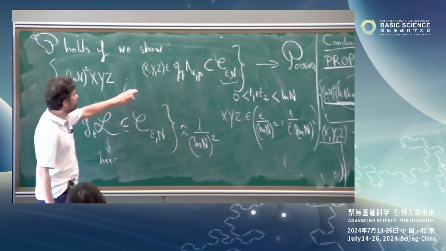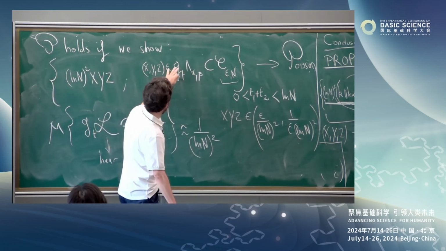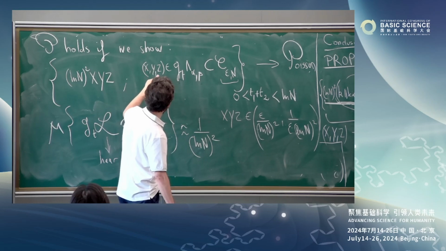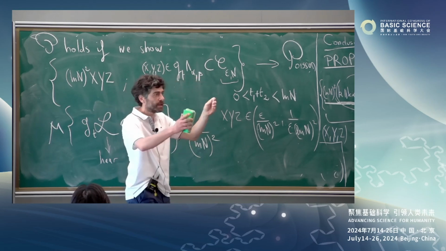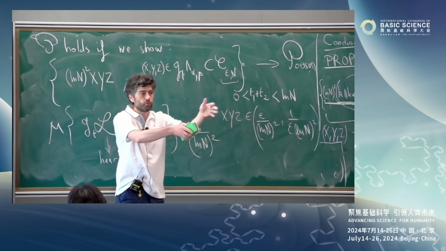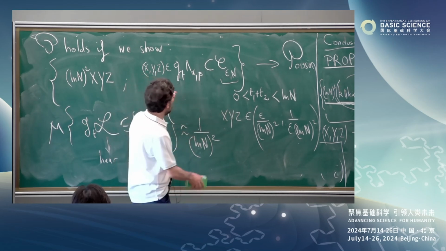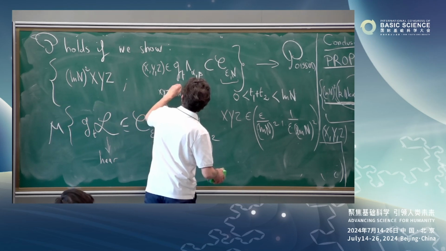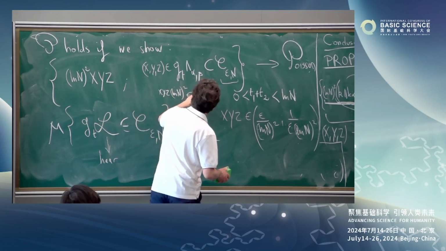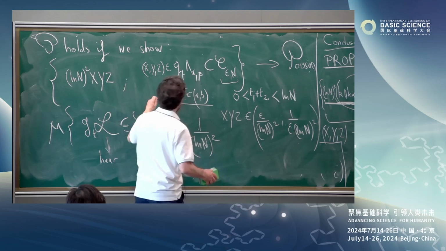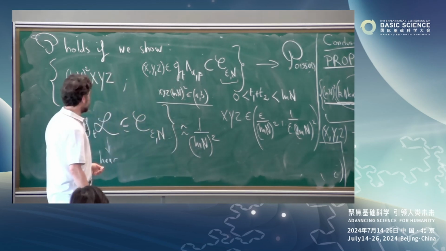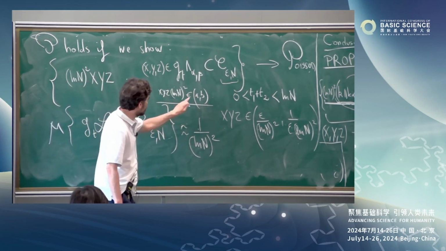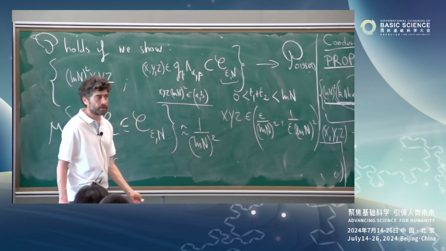Okay? So, if I want to find the Poisson limit for this, I'm going to ask the product x, y, z times log n squared to be in some interval a, b. And then this will have measure b minus a divided by log n squared.